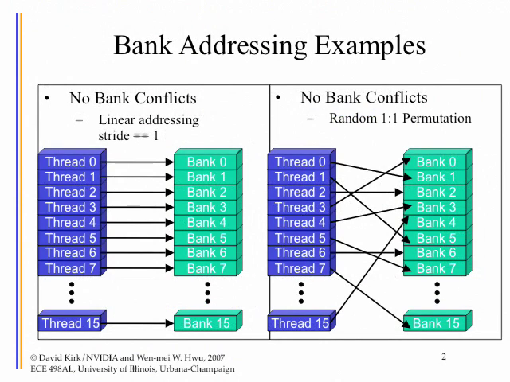So let me show you how you can run into these kinds of things and how you can avoid some of them. Let's say, what are the situations where you don't have any bank conflict? If you have, let's say, 16 threads running at the same time, each accessing one piece of data, a very good pattern is thread 0 goes to bank 0, thread 1 goes to bank 1, so all 16 go directly to a corresponding bank.